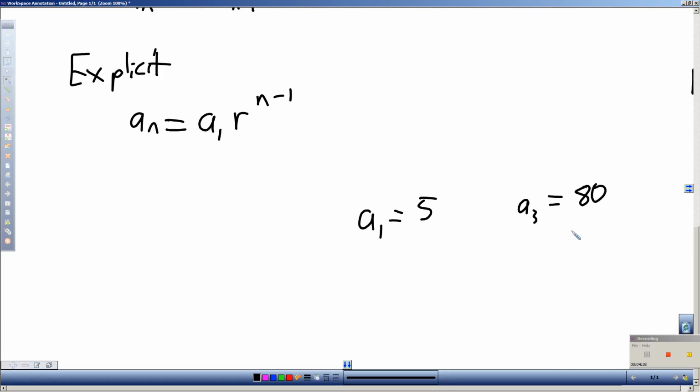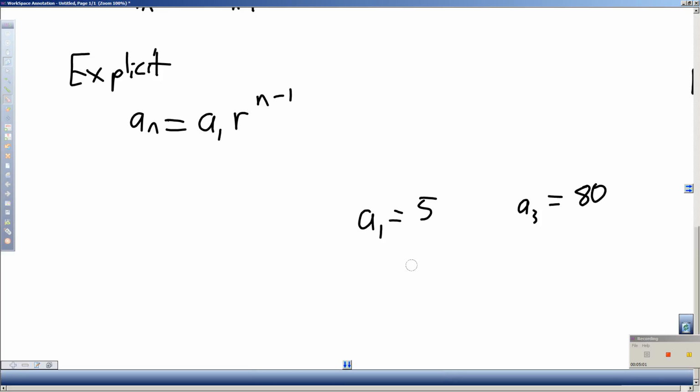So how would you write the explicit form of it, given two terms: A1 equals 5, A3 equals 80? What do you think? What are we writing first?